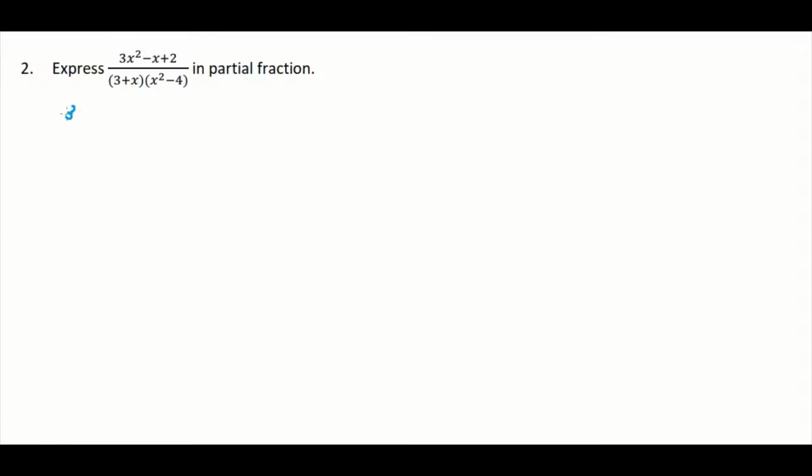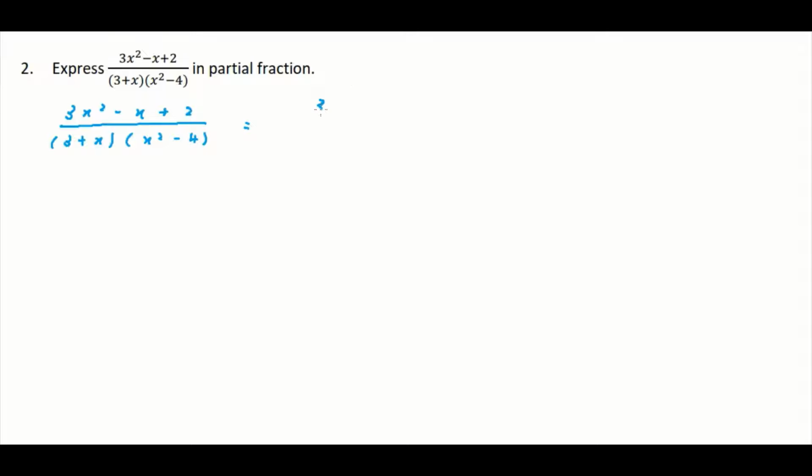So instead of writing 3x squared minus x plus 2 divided by 3 plus x squared minus 4, the first step is to do factorization so that you get linear factors instead of a quadratic factor.